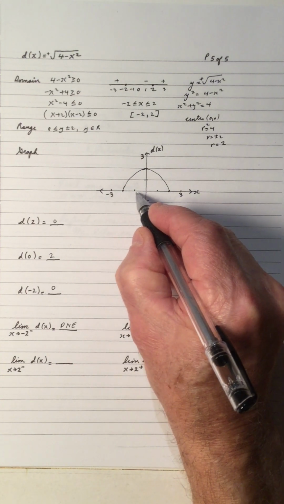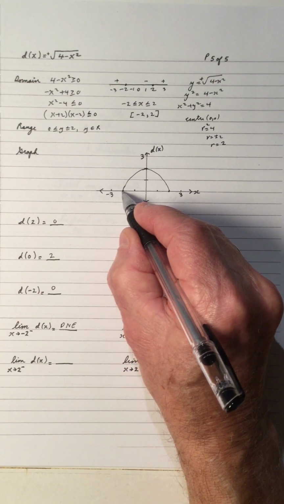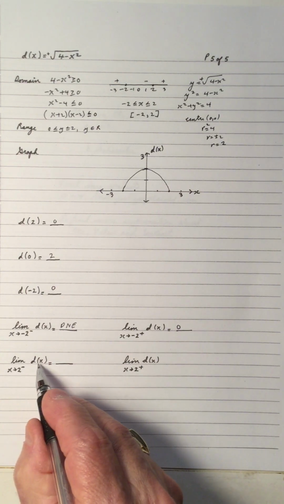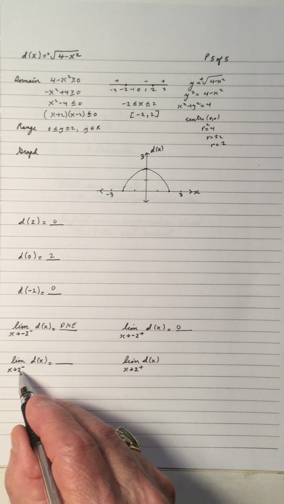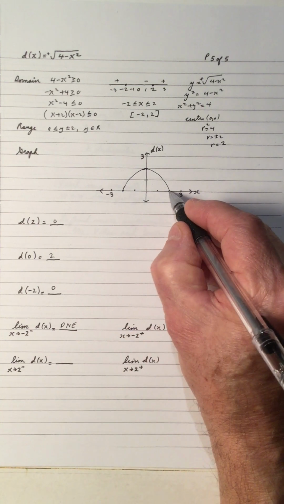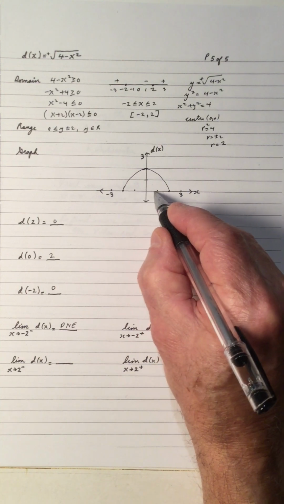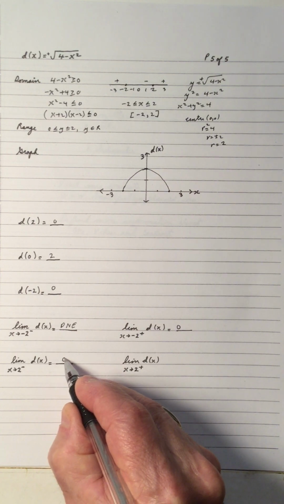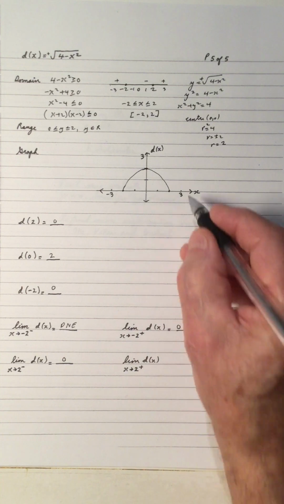How about negative 2 on the positive side? If we're going to negative 2 on this side, the positive side, we would get y is 0. What's the limit of d of x as you approach 2 on the negative side? So here's 2 here. We're approaching 2 on the negative side. So we're coming in here. The y value is 0. And what about if we approach d of x from 2 on the positive side?